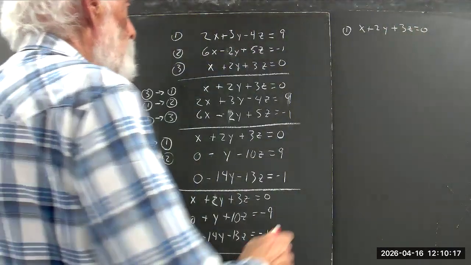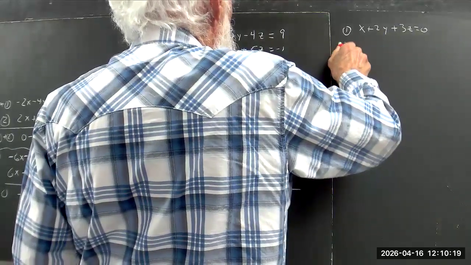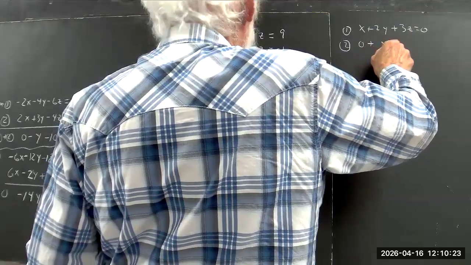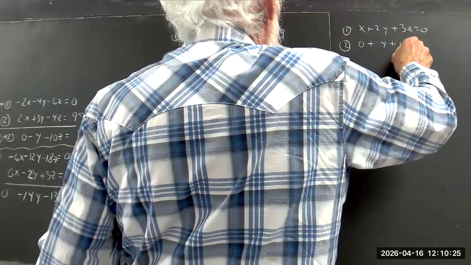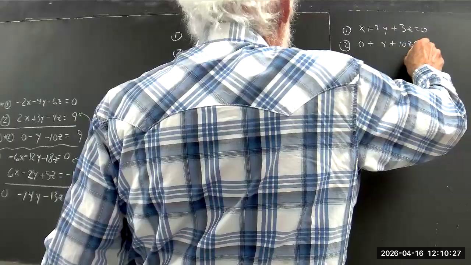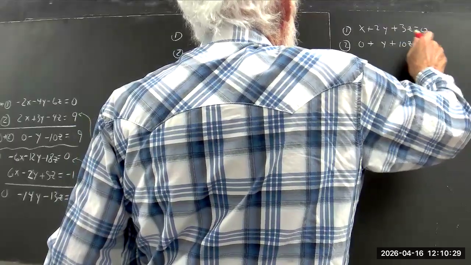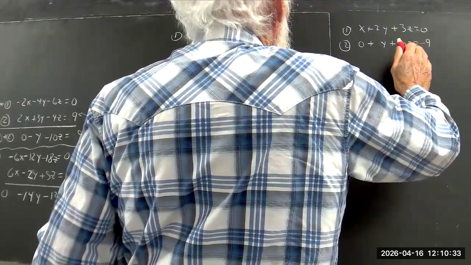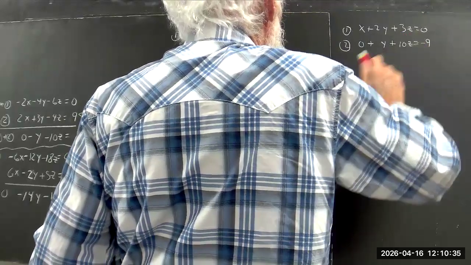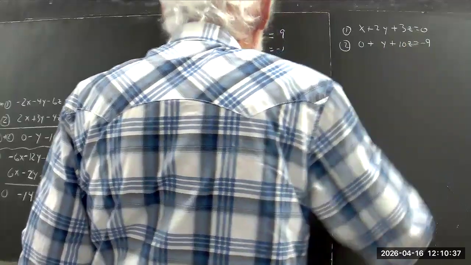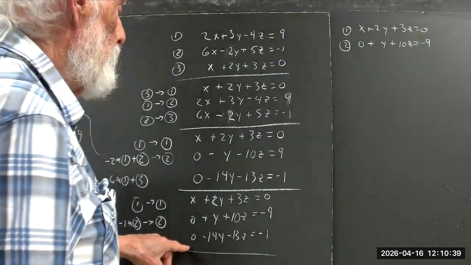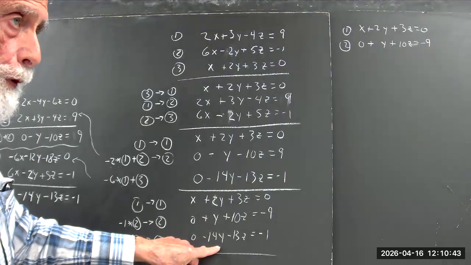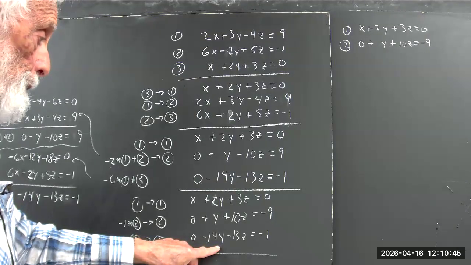I'm going to keep my equation 2. My equation 3, I want a 0 where that negative 14y is.